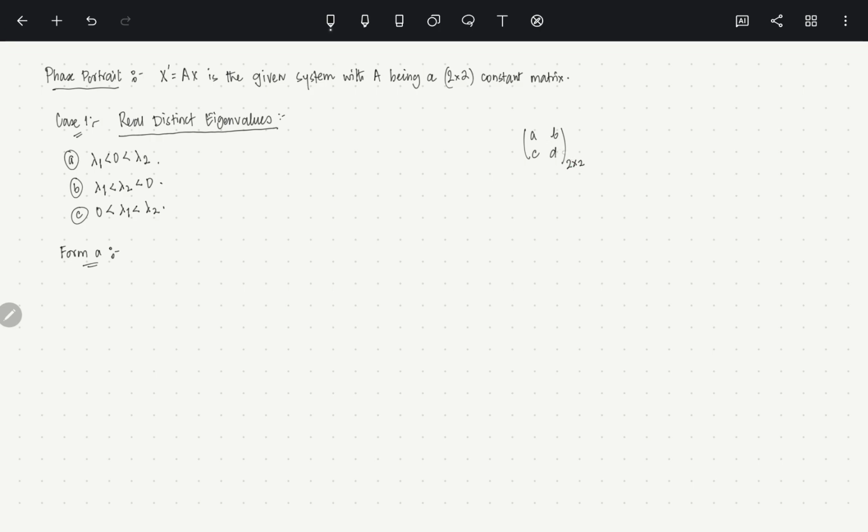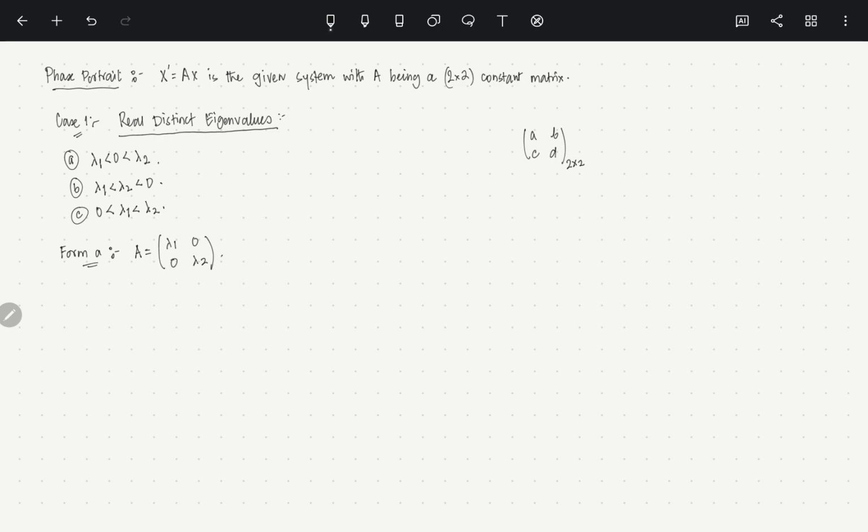Okay, so what we can do is, there are these 3 cases. According to that, the canonical forms look like this. So for the first one, it will essentially be looking like this: lambda 1 0 0 lambda 2. Okay, see why I am doing it, because essentially all systems can be reduced to this. So you just have to study the canonical form to study all the systems essentially, right?